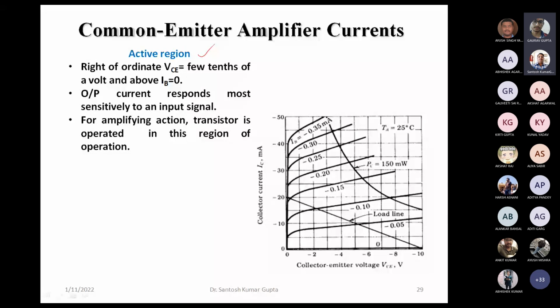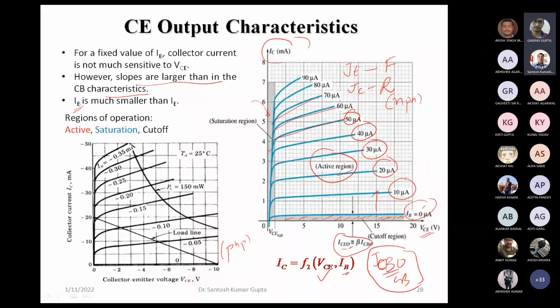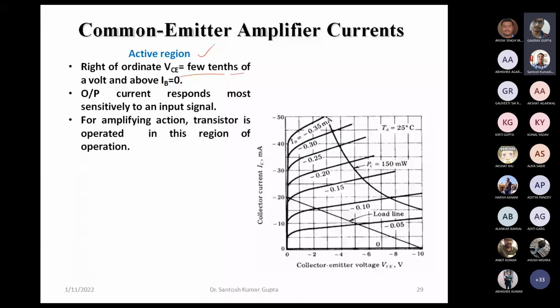It is the region to the right of the ordinate VCE, a few tenths of a volt, and above IB = 0. We have seen IB = 0 in the previous case. Above this IB = 0 and to the right of this VCE set, this is the region which is called the active region.